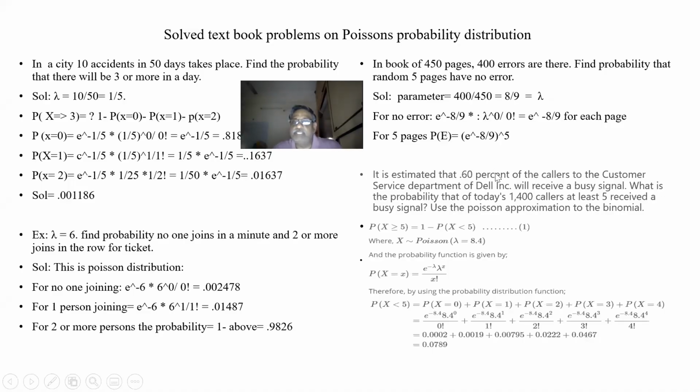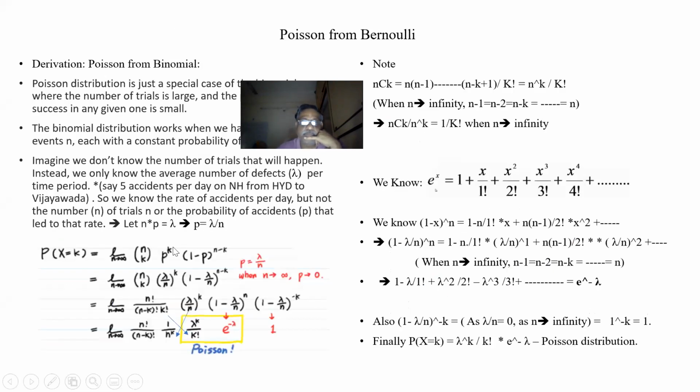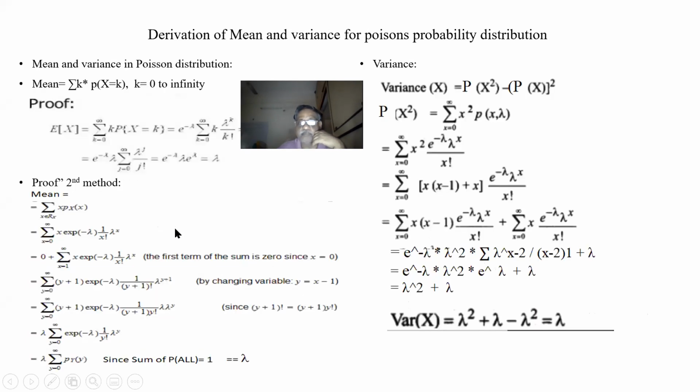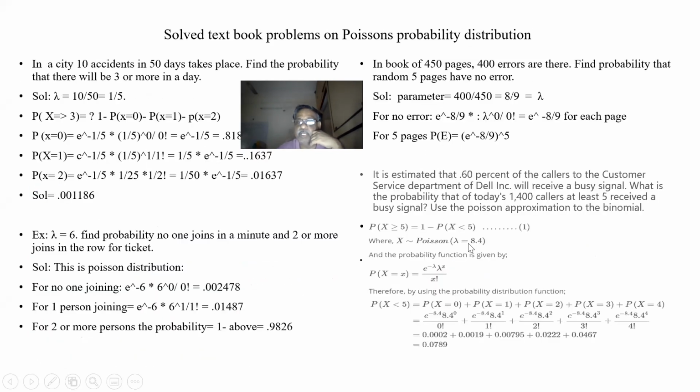See, 0.6% is the callers' probability. So n is 1400. n into probability is lambda. So 1400 into 0.6 by 100. 100 can cancel, 14 into 0.6, that is 8.4. n into probability is my lambda.